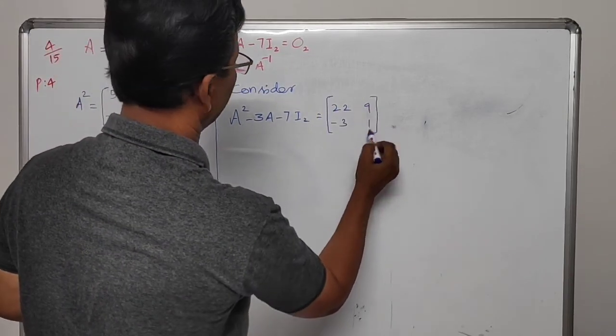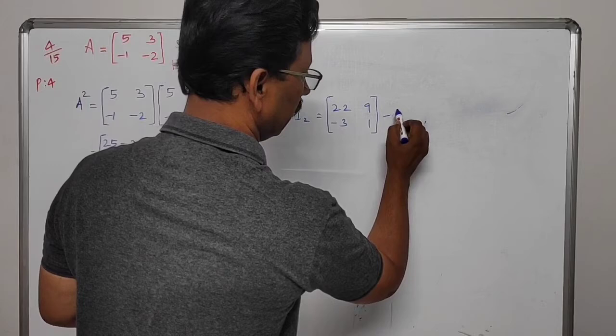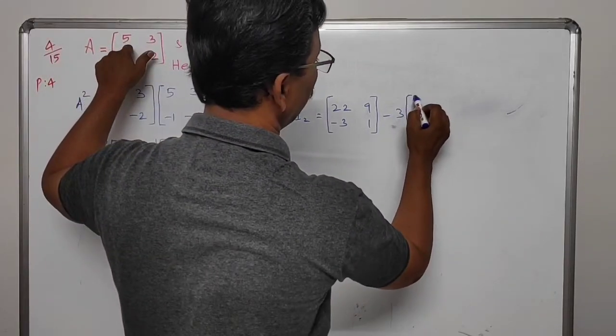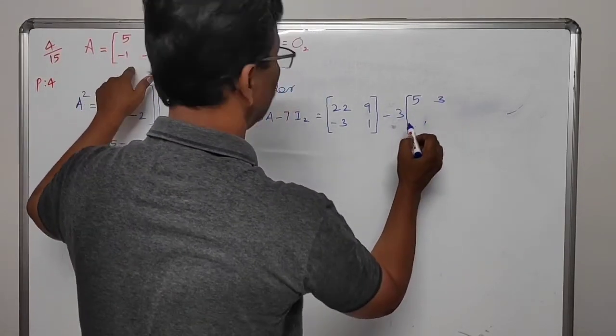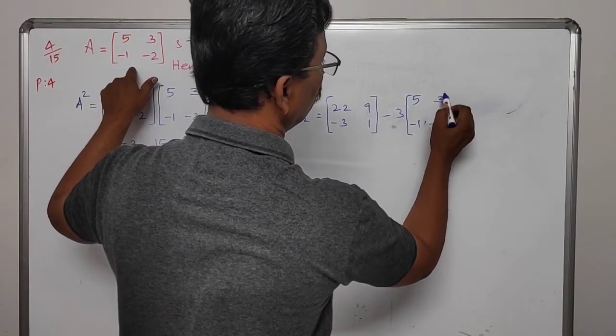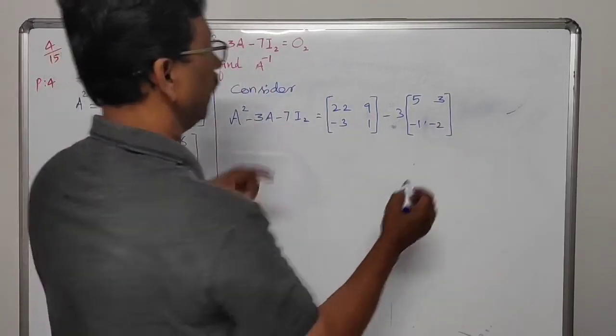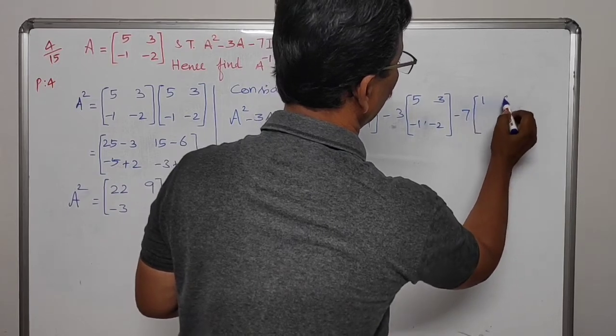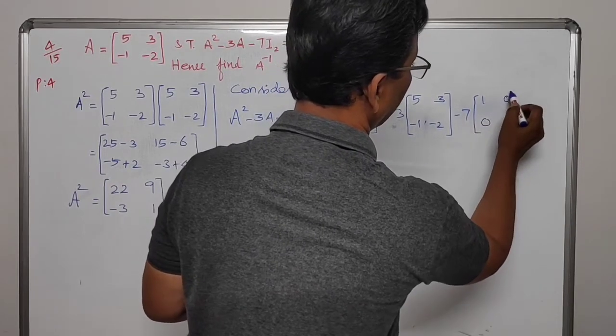This is A square. Minus 3 times A. A matrix is 5, 3, minus 1, minus 2. Then minus 7 I2 means identity matrix of order 2, 1 0 0 1.